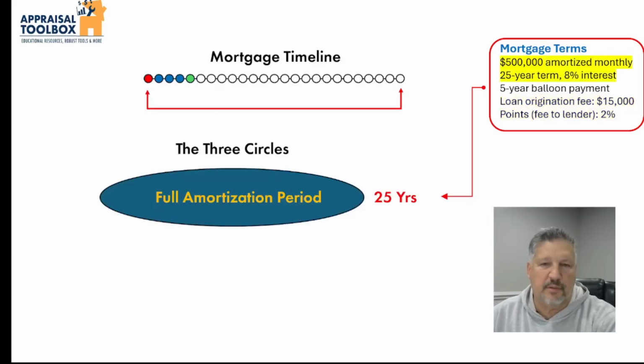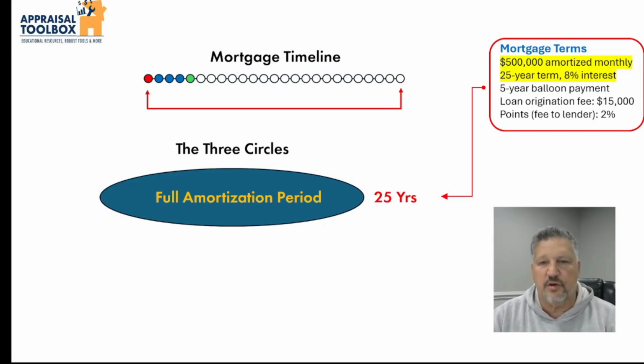Another way to look at these problems is with a timeline that shows the 3 stages of what's happening in the investment. And we start with the 25-year period or the amortization period because that is key and that is necessary in order to determine what the annual debt service is for the loan and what the amount of the balloon payment is.